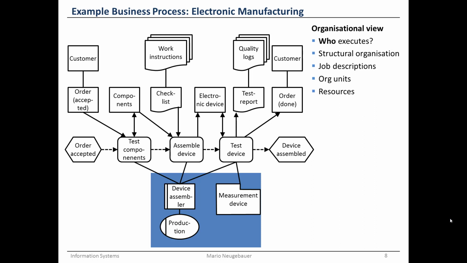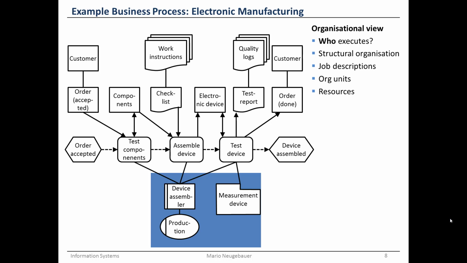If you need devices, if you need other resources like machines, devices, then you can use a special symbol to represent these devices, and you also can connect these devices to the activities. This might be important if you want to assign devices to special activities. Then you also have to know what devices, what machines, what tools are required for these activities, and therefore you mention them also in your modeling, in your model for the business process.